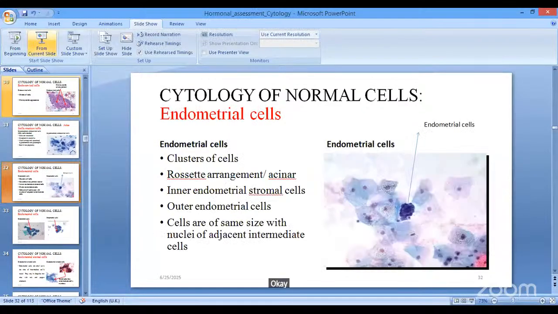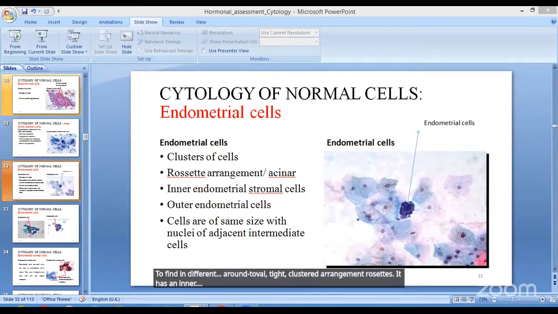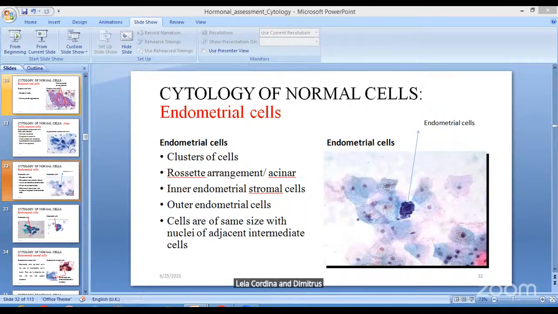Okay, so we move to the next cell type, endometrial cells. They appear in clusters. They are actually cell balls that you find in round, oval, tight, clustered arrangements, rosettes. They have an inner layer called the endometrial stroma cells, and the endometrial intermediate cells.